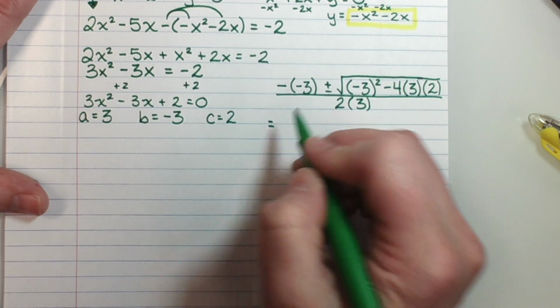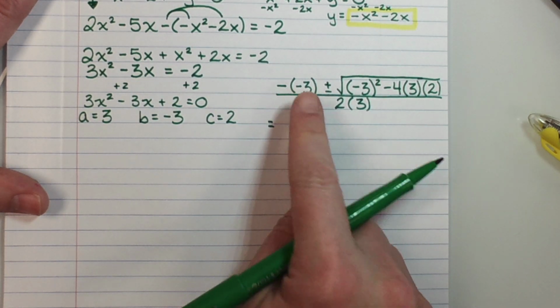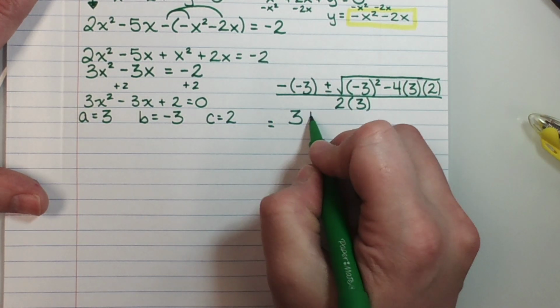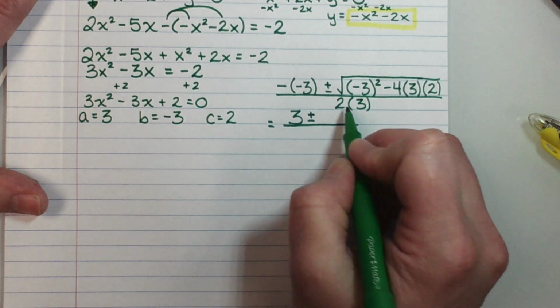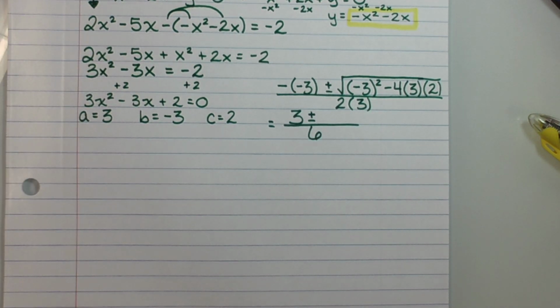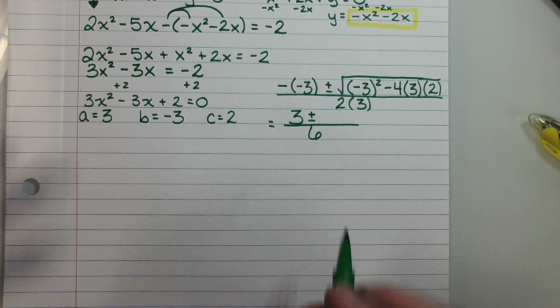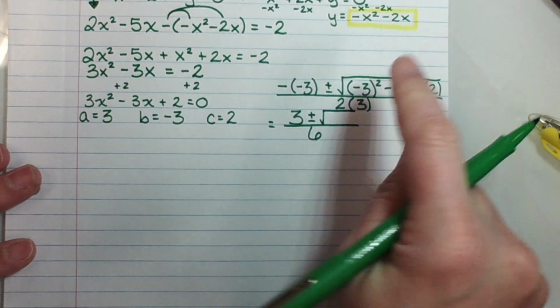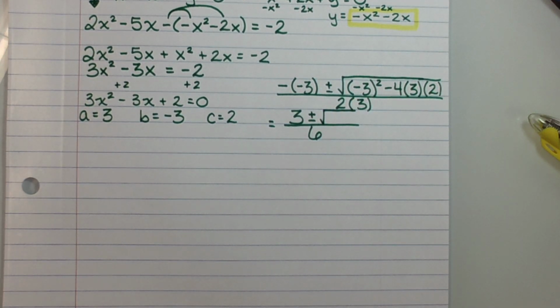I simplify what I can. Remember, simplify this. Negative negative 3 is just positive 3. 2 times 3 is 6. When I'm simplifying the rest of it, do I put the square root in the calculator or do I not? Do not. Leave the square root symbol here. Put the stuff inside into your calculator.